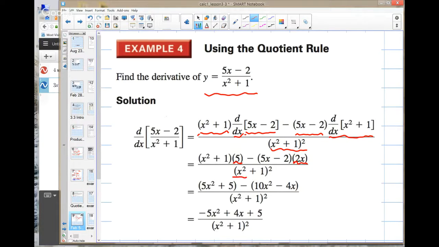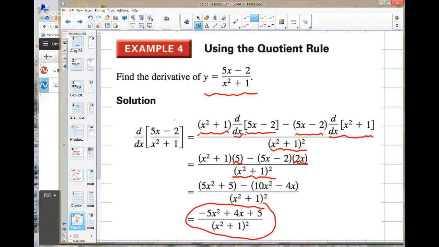And on the bottom, we're not going to bother squaring that out. Usually you just want to leave that squared. Then it's just a matter of multiplying, distributing, and seeing if you can bring things together. The rest of that is algebra 1. Just multiply 5 times x squared plus 1, multiply 2x times 5x minus 2.